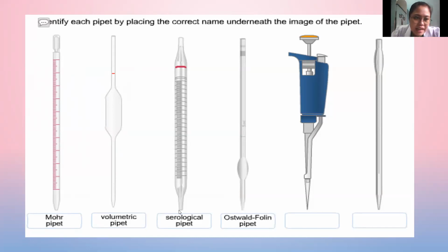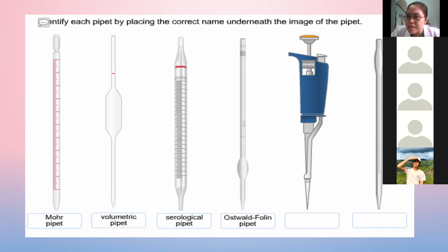And then this one class is the serological pipette. Okay? So since it has a lot of graduation mark, then it is used to deliver variable volumes of liquid also. And then the Ostwald-Folin pipette is our blood pipette na ginagamit for blood chemistry and to deliver other fluids pero kanang viscous na mga fluid, lapot sa ano pa sa Tagalog.